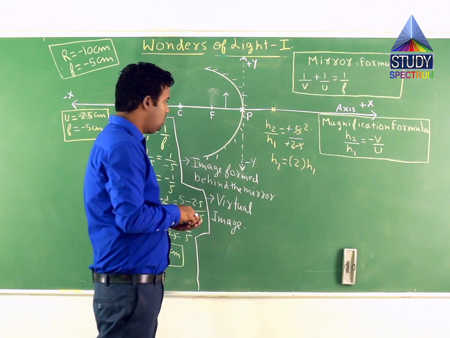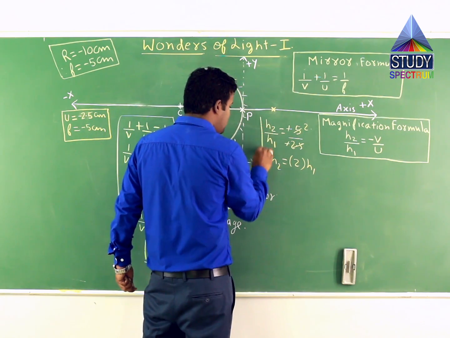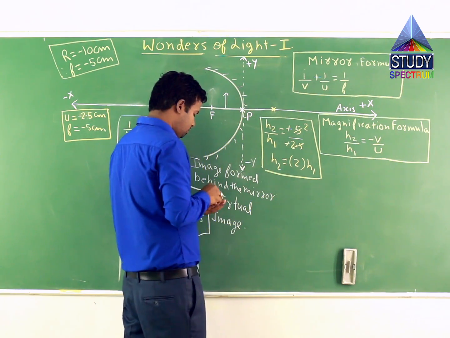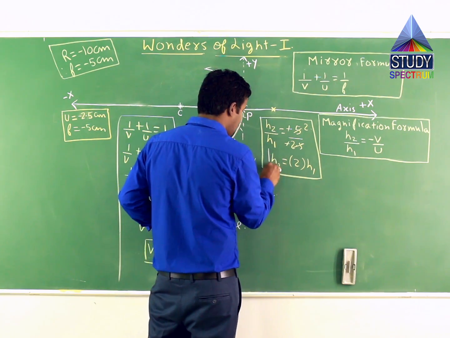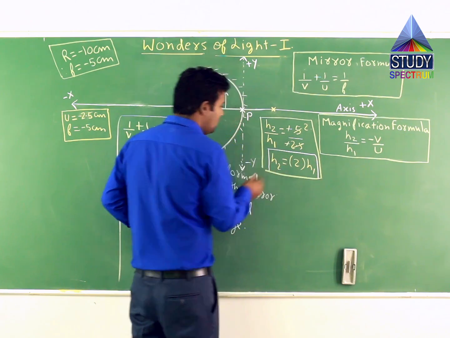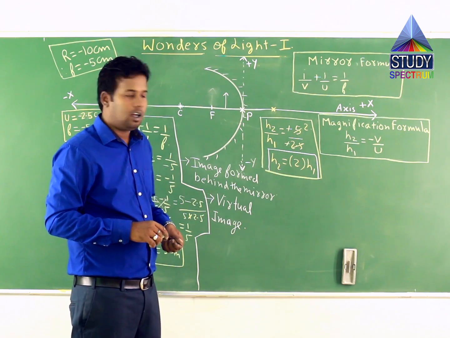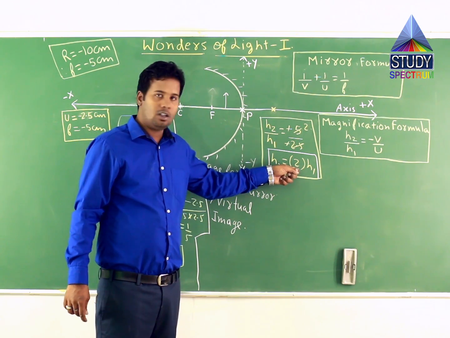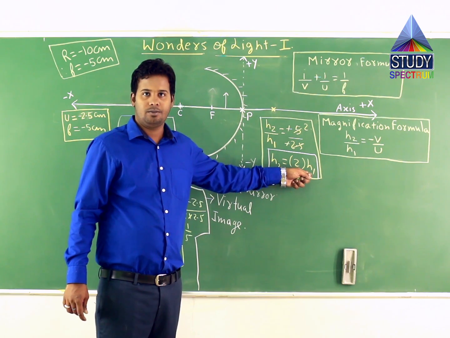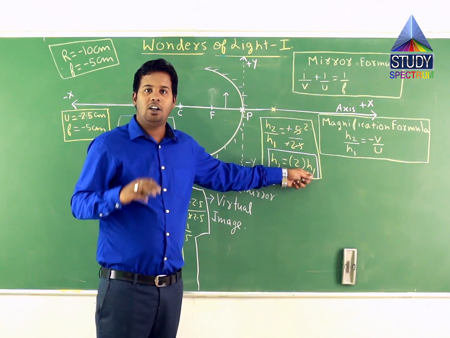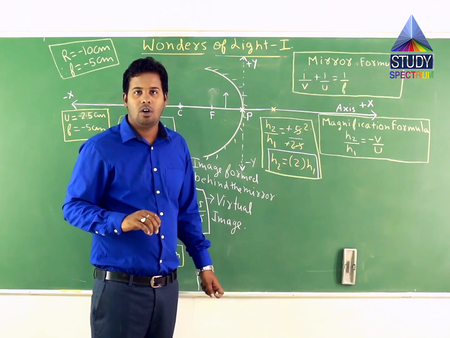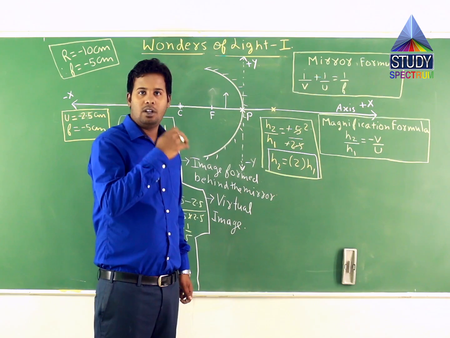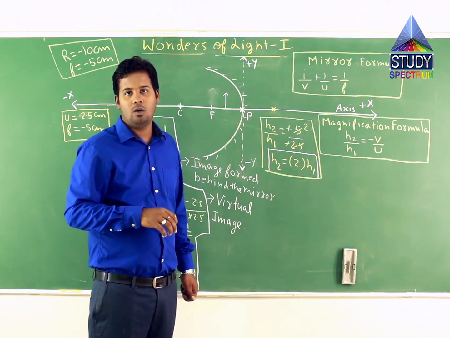Correct? Now let us draw results from this calculation. See, the height of image h2 is 2 times the height of object. Then we can say the height of image is double the height of object, or in other words, the image is magnified in comparison to object.